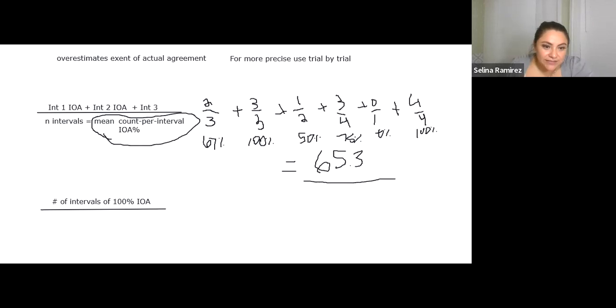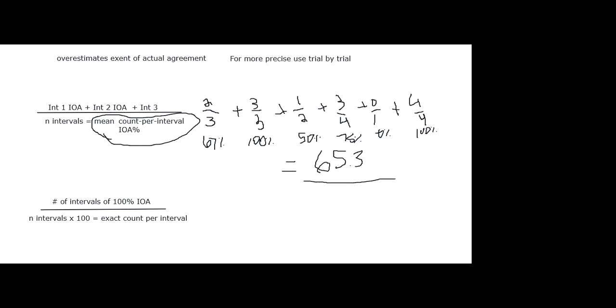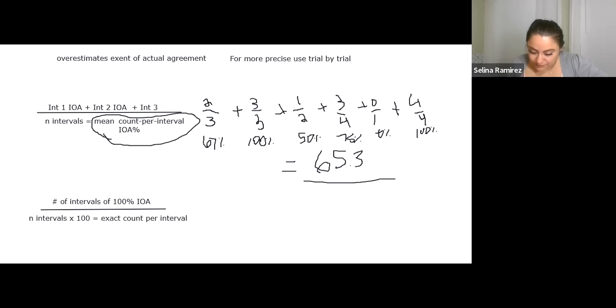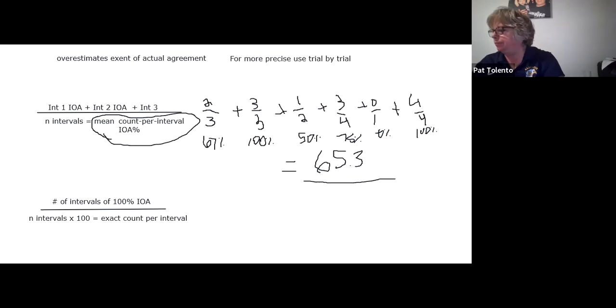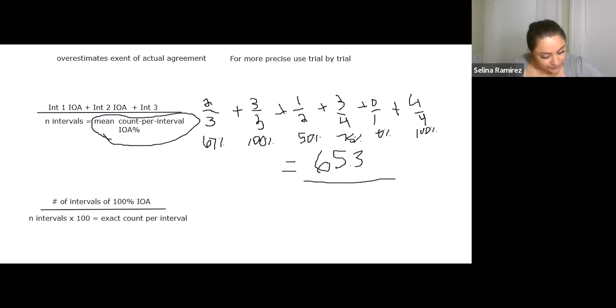Okay, so let's go back to our figure 5.2 on page 113. We're going to use that and get a more accurate representation of that data. So number of intervals with 100% IOA. How many intervals are there with 100% IOA in that example? We have 2. Yes, 2. Number 2 and number 6. Perfect.